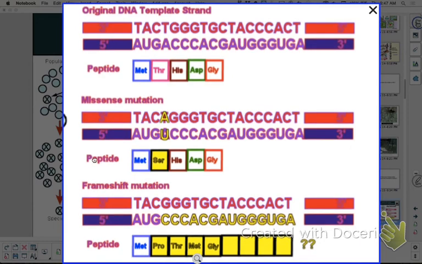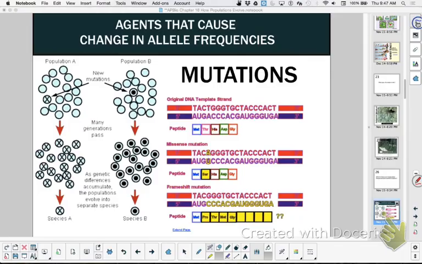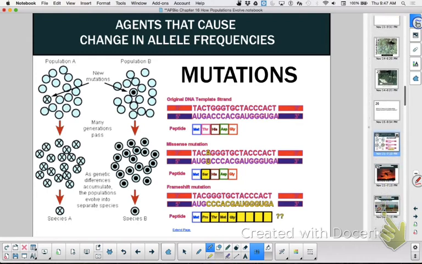And in this case, what does this look like? Must have been a frame shift. Okay? So mutations can change allele frequencies because they change the proteins they code for. Okay? So that could definitely lead to evolution.